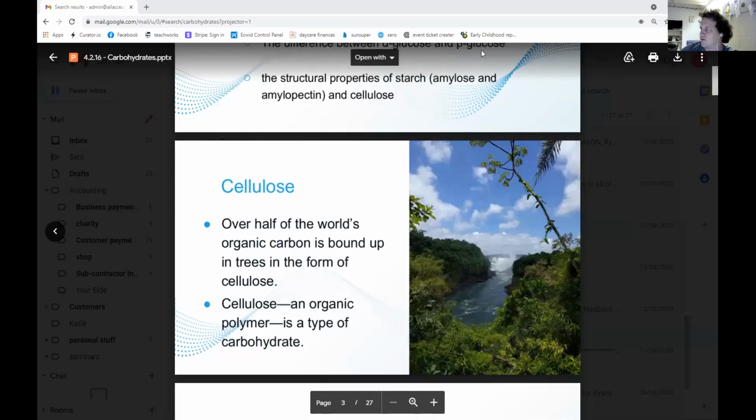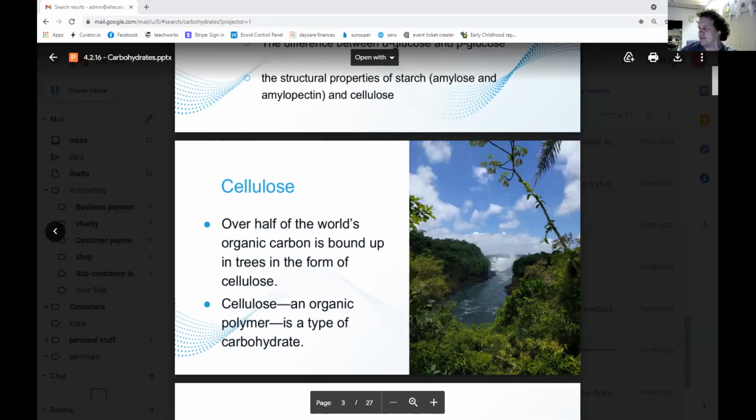Anyone want to have a go at telling me what a carbohydrate is? So a carbohydrate has carbon, hydrogen, and oxygen.